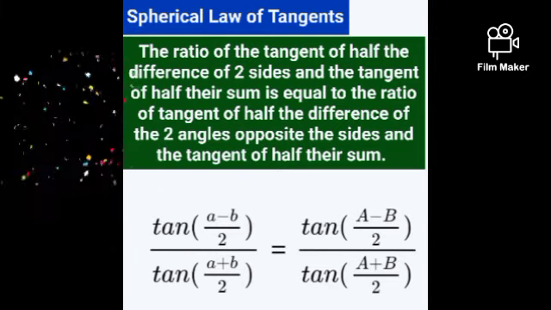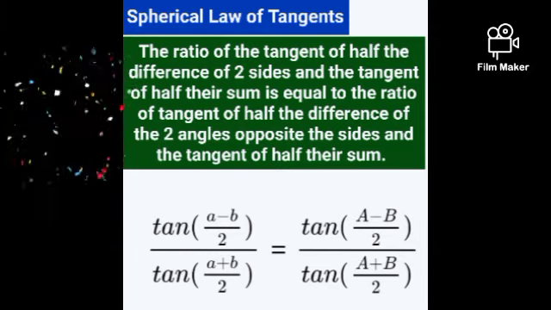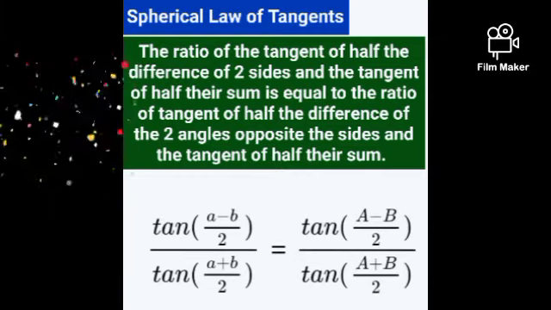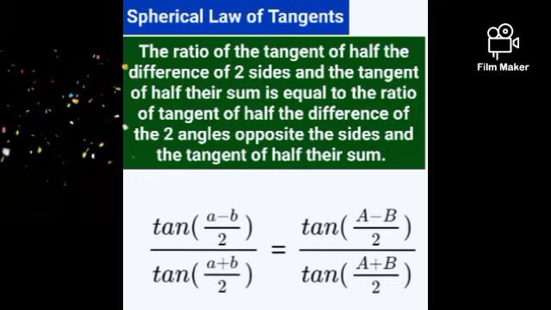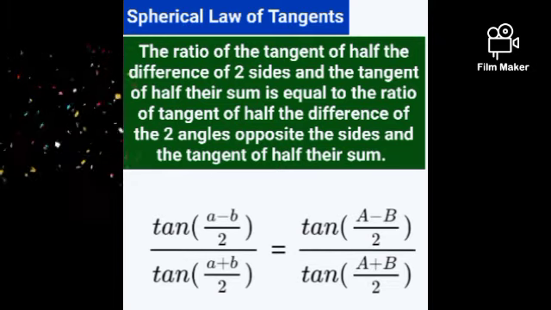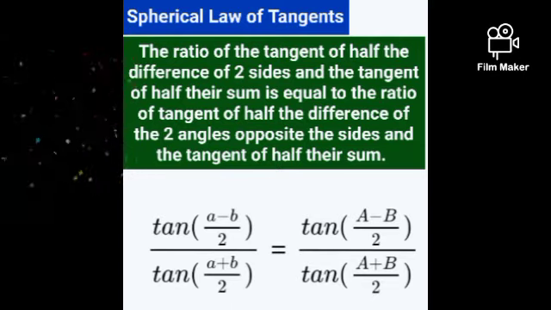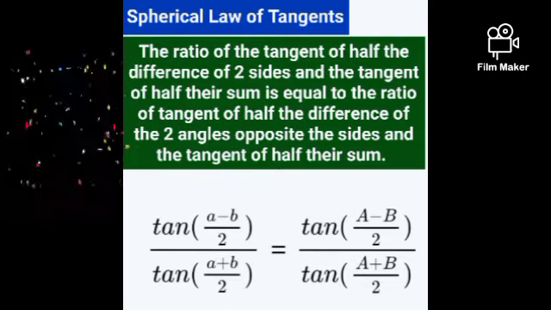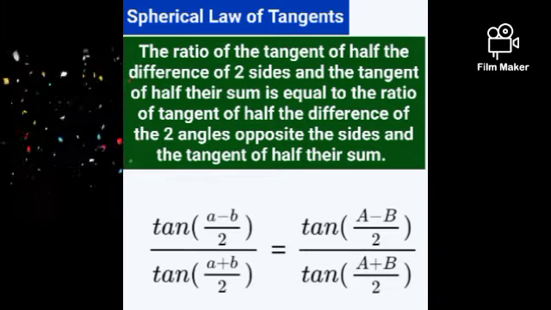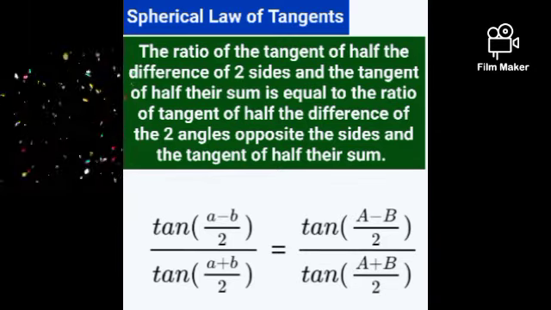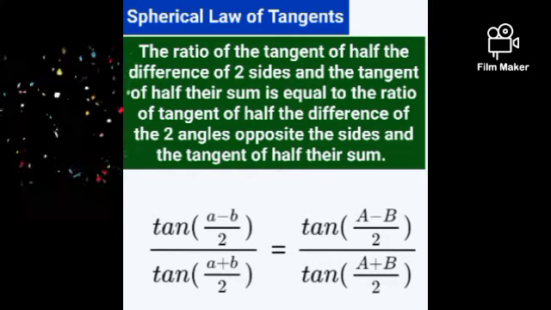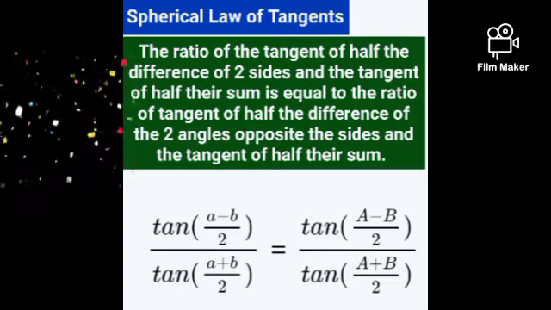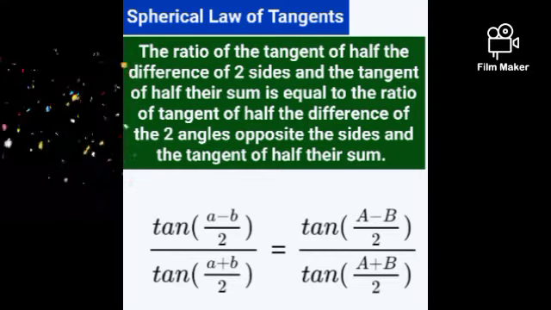In the denominator at the left-hand side of the equation, you see tangent of quantity (a plus b) all over 2. Thus, at the left-hand side, we have the ratio of the tangent of half the difference of the two sides, small a and small b, tangent of (a minus b) over 2, and the tangent of half their sum, half the sum of the two sides we are considering, a and b.